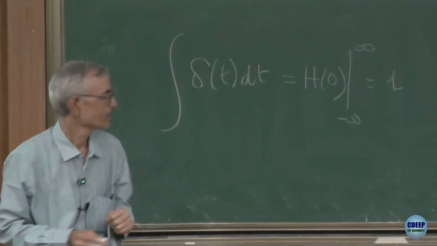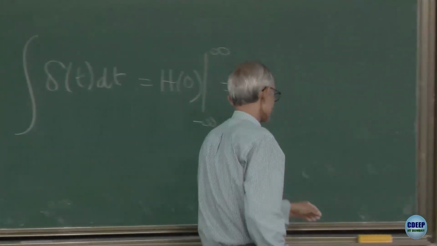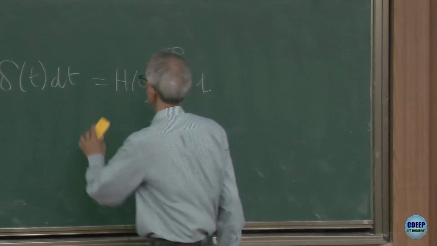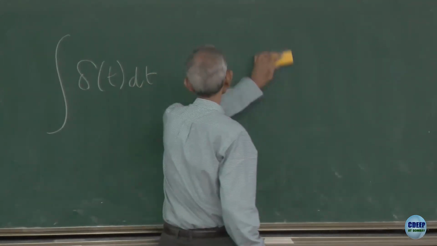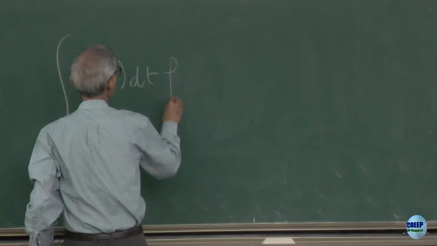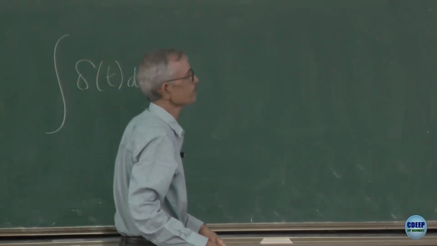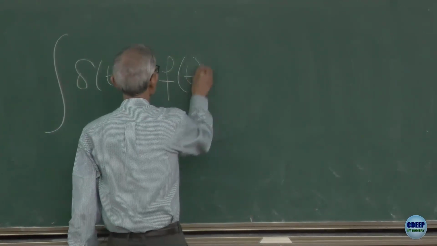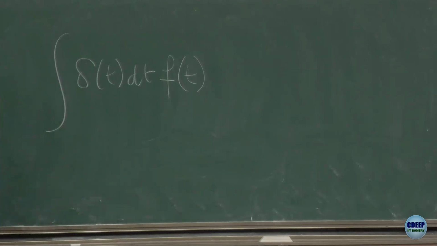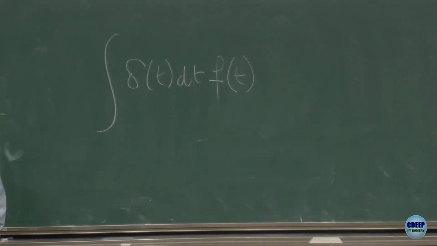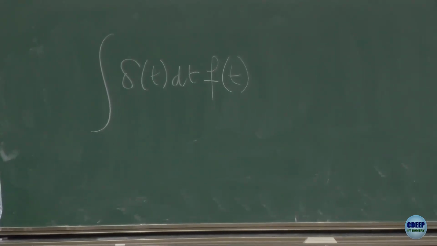Now, what happens if we multiply this by some function f of t and try to perform the integration? I have a delta function.